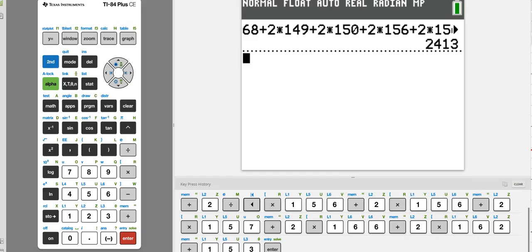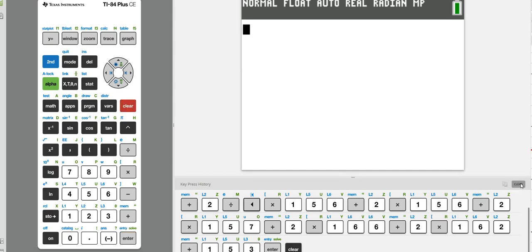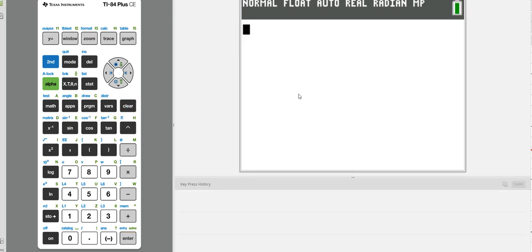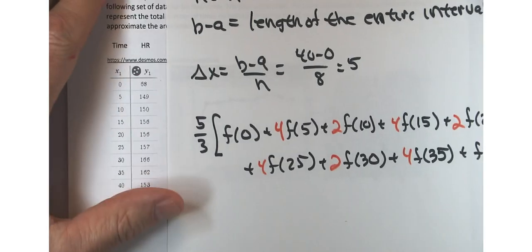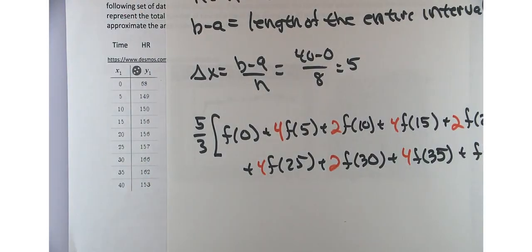All right. Let's clear this out. Actually, I think I will do one more step here. So it's going to be 5/3.